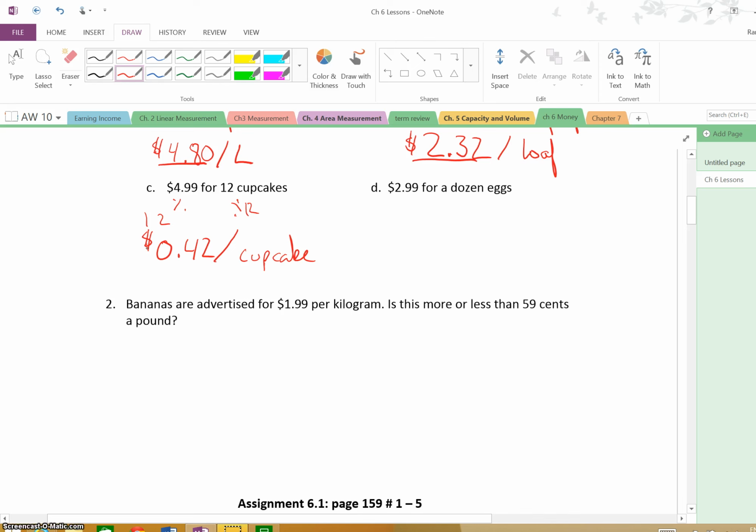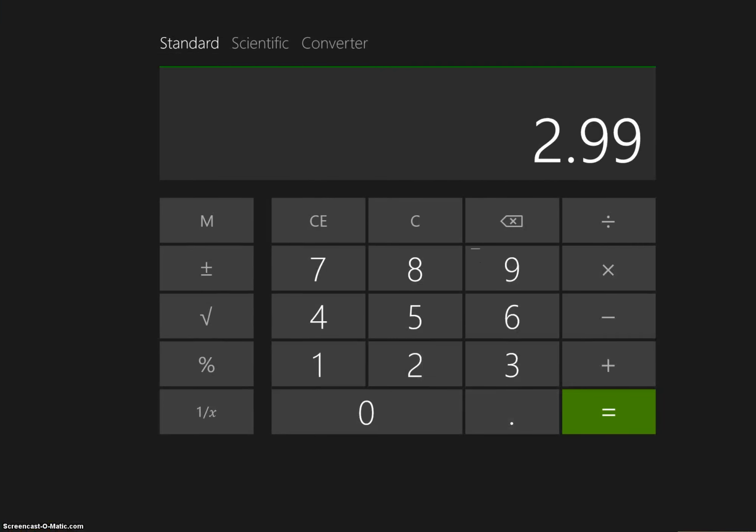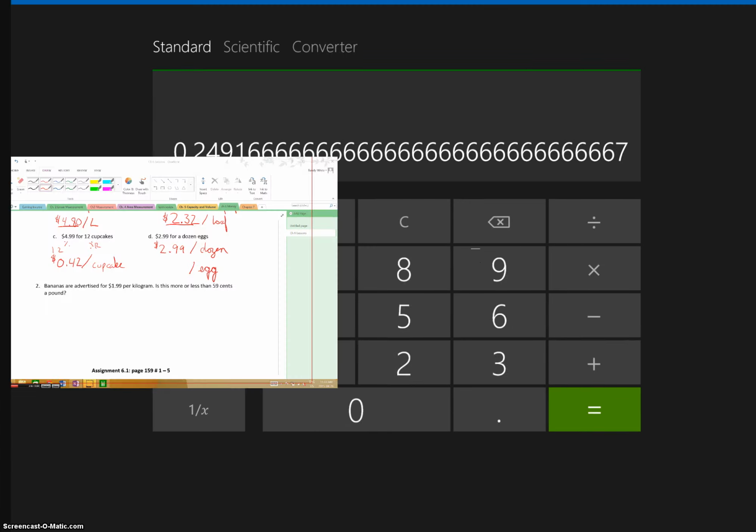And I'll get $2.99 for a dozen eggs. Okay, so I could make that my unit, $2.99 per dozen. But if I want to know what the price is per egg, I'm going to have to divide that by 12. So I'll take the $2.99, divide it by 12. So that's going to be 25 cents per egg.